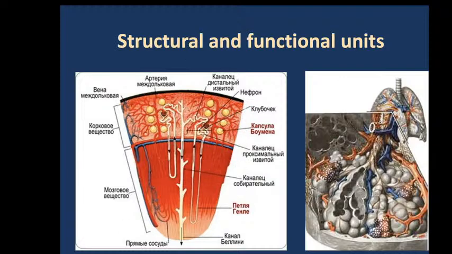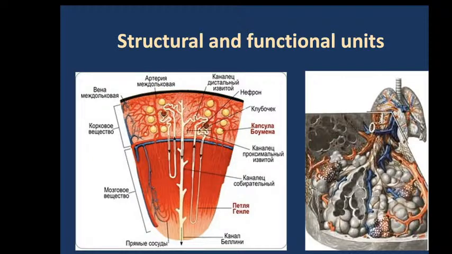Kidney. Here is the kidney, and the smallest structure, the structural and functional unit, we call the nephron. Here it is in white color. This is a kidney nephron.